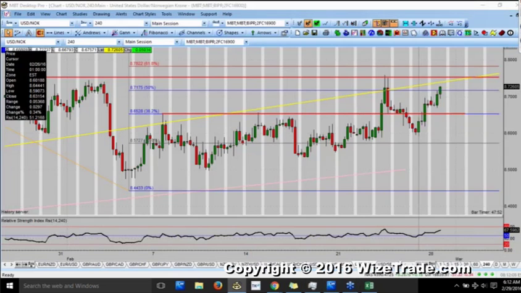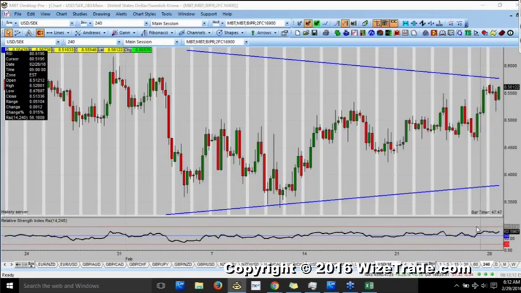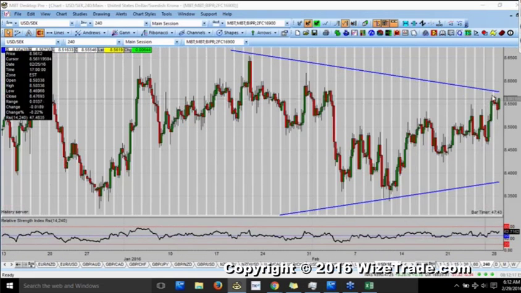All right, let me take a look at the Swedish krona. I don't think the Swedish krona is doing anything right now. Might be moving up into resistance here, but I'm still not excited about the Swedish krona because this is very vague.